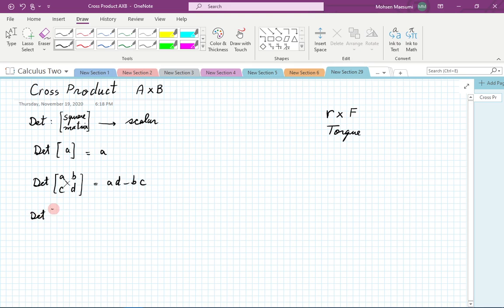For 3 by 3, if I have A, B, C, D, E, F, G, H, I, to calculate the determinant of the 3 by 3, we have a device to help us memorize how it happens, but it's simply for memorization, and really not much can be built upon that. Determinant is a very complicated function.